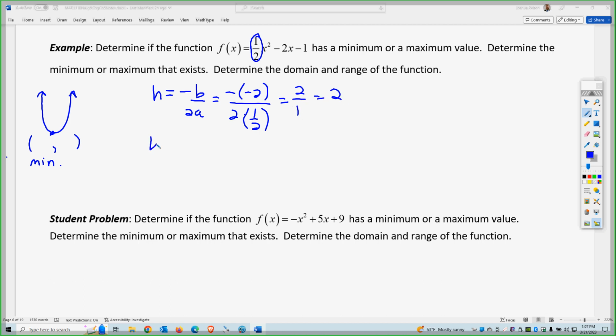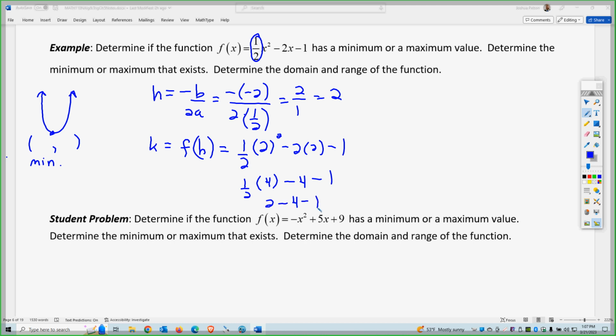So the k value is f of h. So we have 1/2 times 2 squared minus 2 times 2 minus 1. So that's 1/2 of 4 minus 4 minus 1. So essentially I have 2 minus 4 minus 1, or negative 5 plus 2 is negative 3.